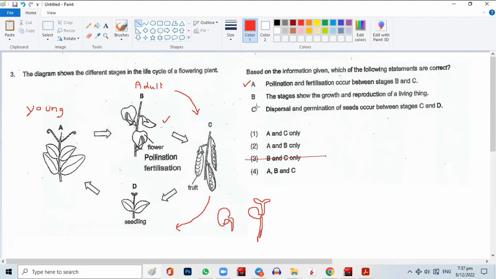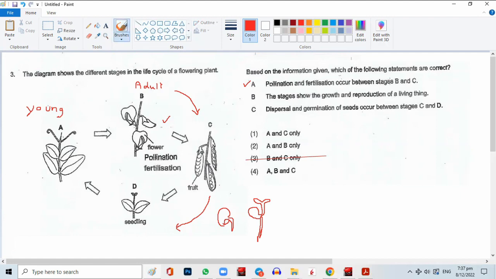And let's continue. B: The stages shown are the growth and reproduction of a living thing. Is it true? Does it show the stages of growth and reproduction of a living thing? Is a plant a living thing?